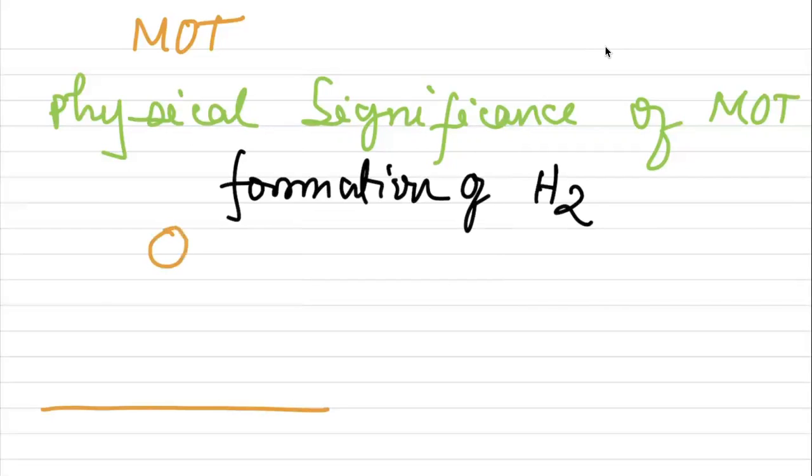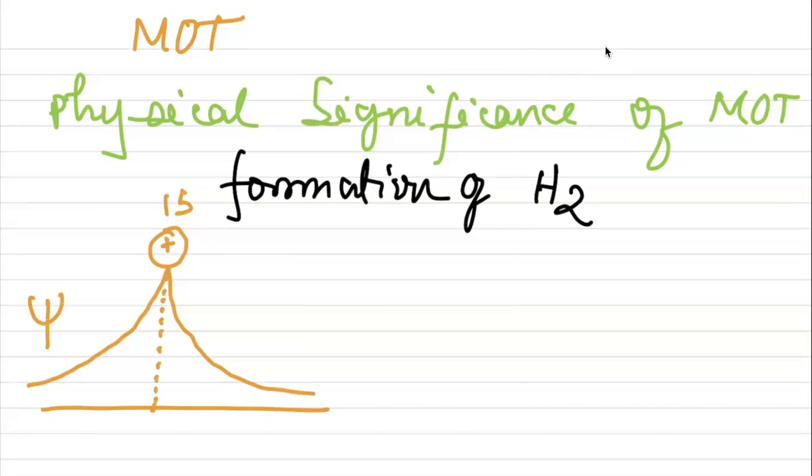Suppose this is one hydrogen atom. This is a wave function. This is the wave function. When combination takes place, this one is obviously positive sign.